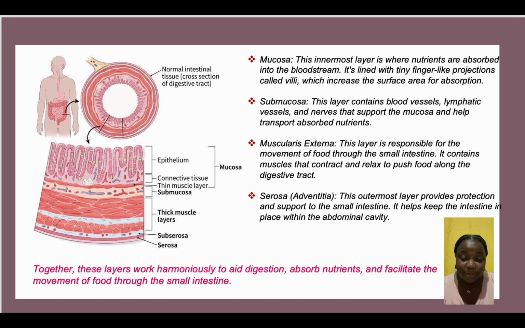It also helps to keep the intestines in place within the abdominal cavity. Together, these layers work harmoniously to aid in digestion, absorbing nutrients, and facilitating the movement of food through the small intestines.